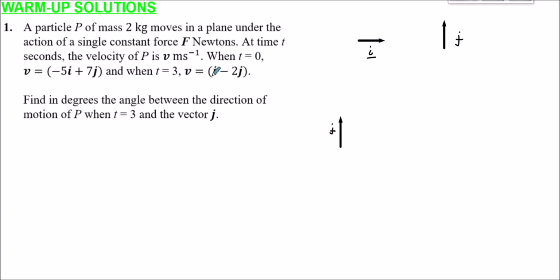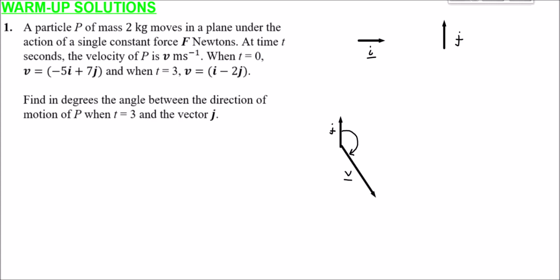Now when t is 3, we've got the velocity as i minus 2j, and so that's 1 unit in the i direction and 2 units in the negative j direction. And so this is going to be something like this. So 1 along, 2 down. So it's going to be something like this, and it's going to be this angle here from j going down like that, where this is the velocity vector.